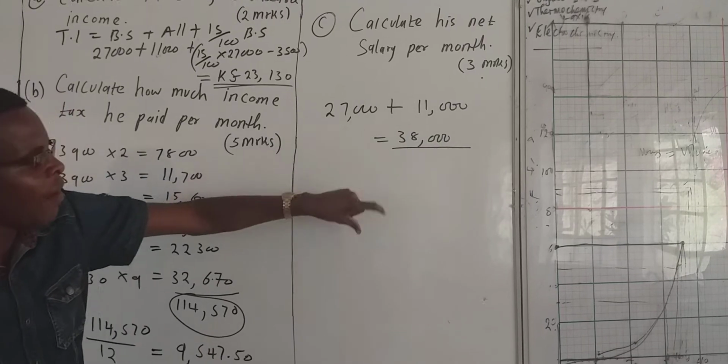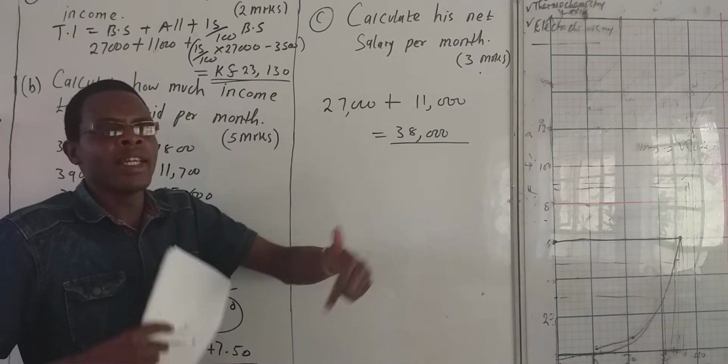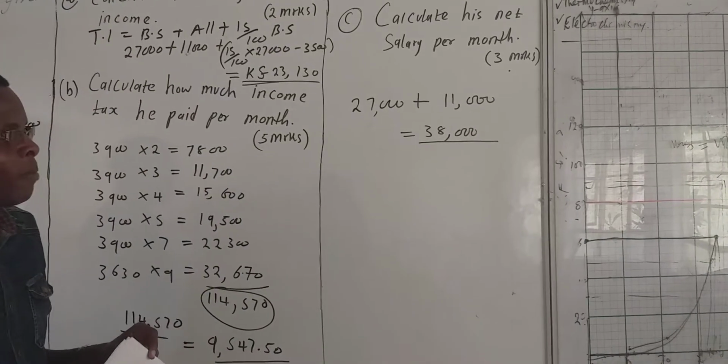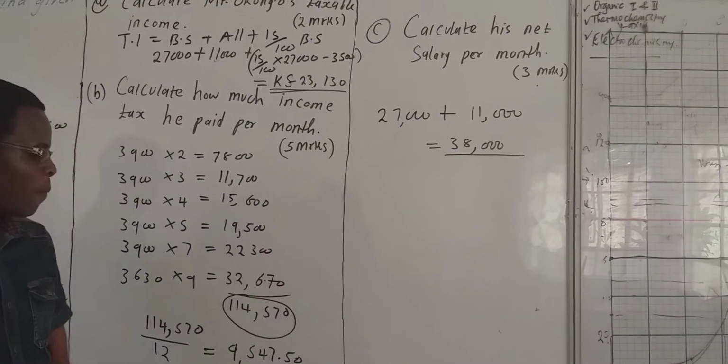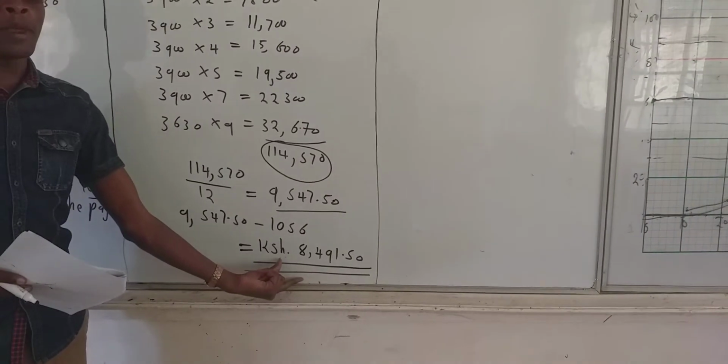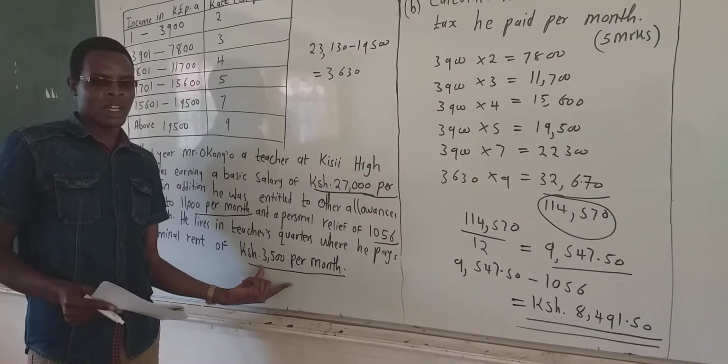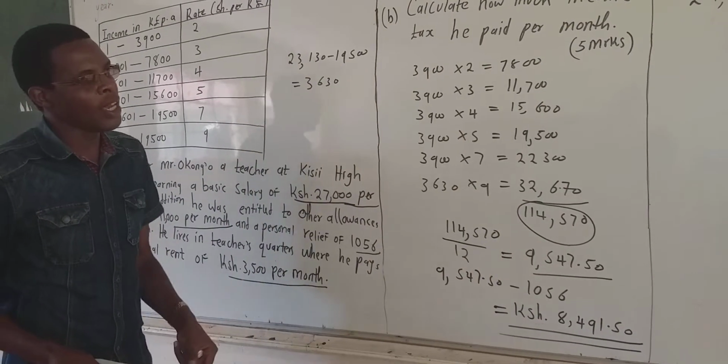But after this amount has been received, then we have the other deductions which are being made. The first deduction is the PAYE. Then we have another deduction whereby we have 3,500 which he uses to pay the nominal rent.